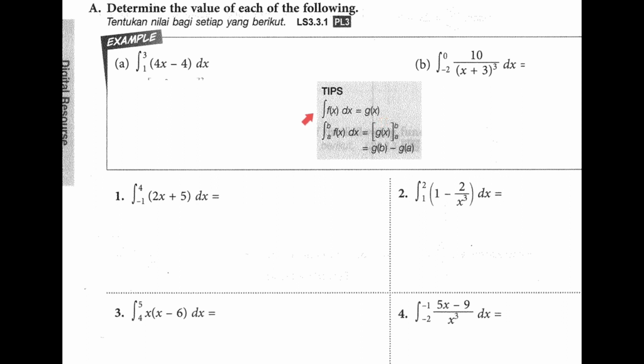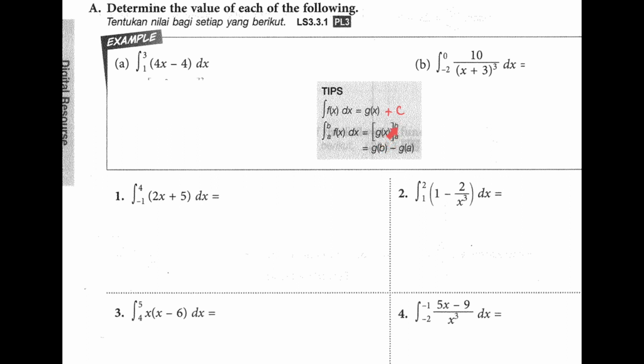If you integrate fx, you get gx plus c. Now when you have limits given, integration from lower limit a to upper limit b, when you integrate fx, you will still get gx, you don't want plus c, you put a square bracket, then the upper limit and the lower limit.